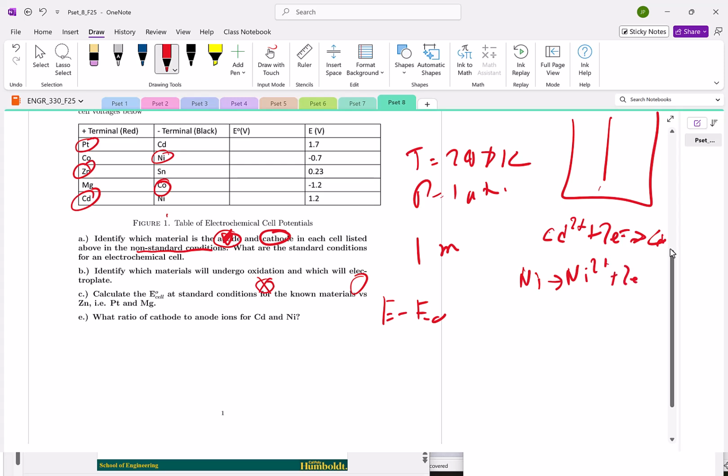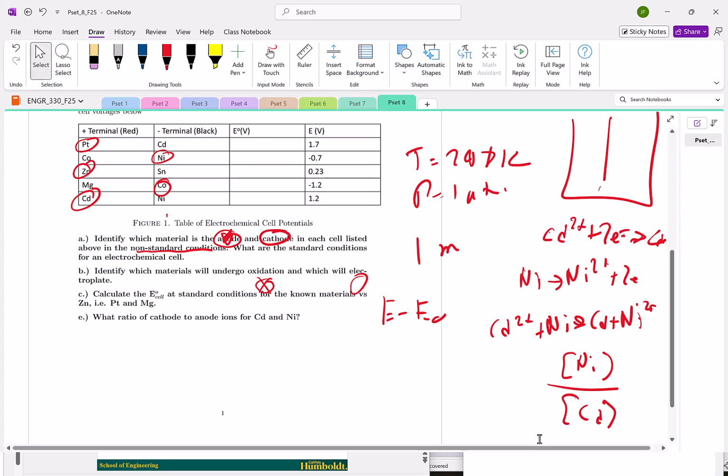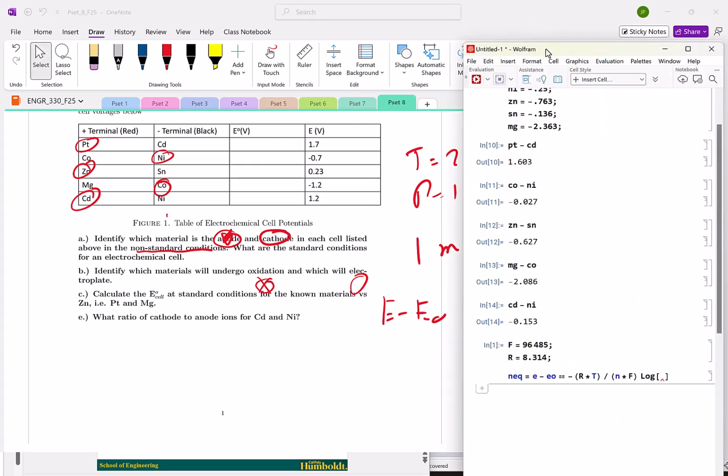So the full cell reaction is Cd2+ plus Ni goes to Cd plus Ni2+, meaning the concentration of products, Ni, our anode, over our cathode, Cd. So the ratio of cathode to anode ions would be the inverse of that. We can solve that for this problem.